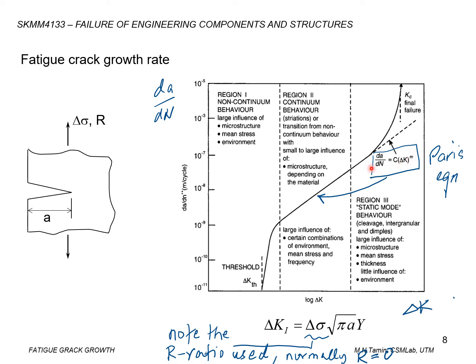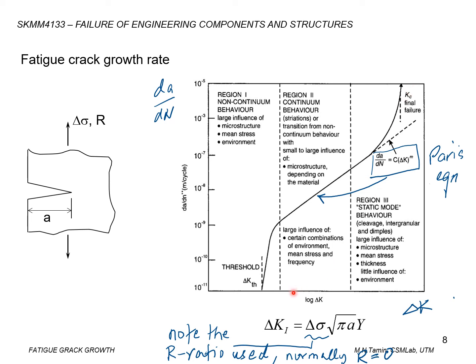This equation is valid only for the second region and is referred to as the Paris equation. And finally, we have the crack acceleration where the slope is increasing, reaching the final fracture of the material. The final fracture is bound by the value of delta K approaching the fracture toughness of the material.